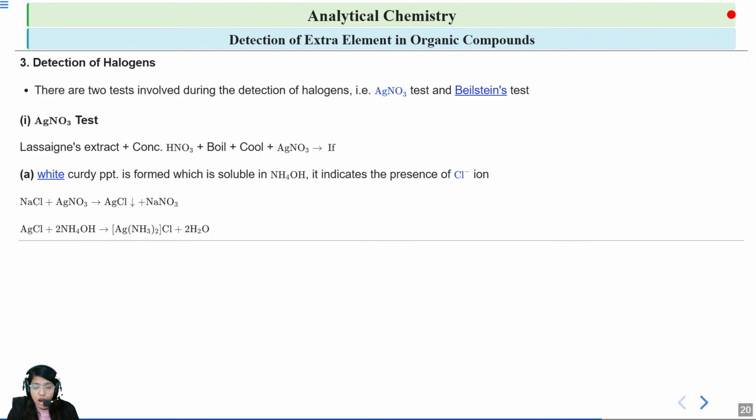This reaction shows how silver chloride, that is AgCl, which is insoluble in water, dissolves in ammonium hydroxide, NH4OH, and forms [Ag(NH3)2]Cl, which is a soluble complex, and along with it water is also formed as a byproduct.